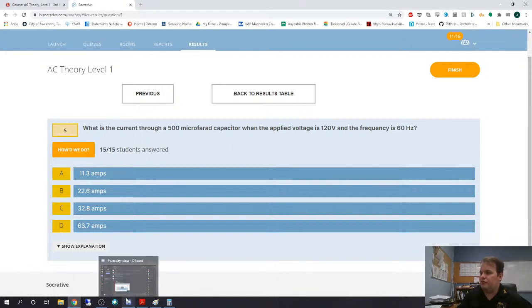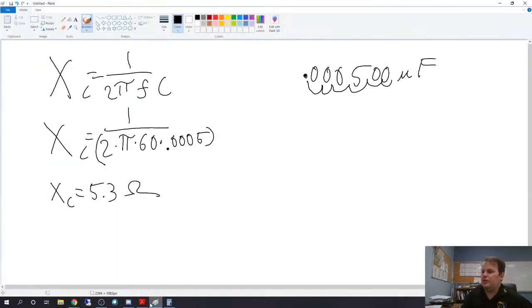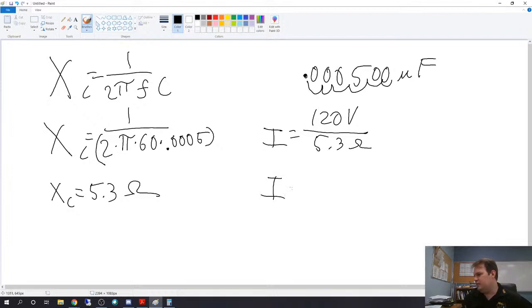And that gives us 120 volts. We're looking for current still. Okay. 120 volts. So we're looking for current. That is 120 volts over 5.3 ohms. I is just under 20.